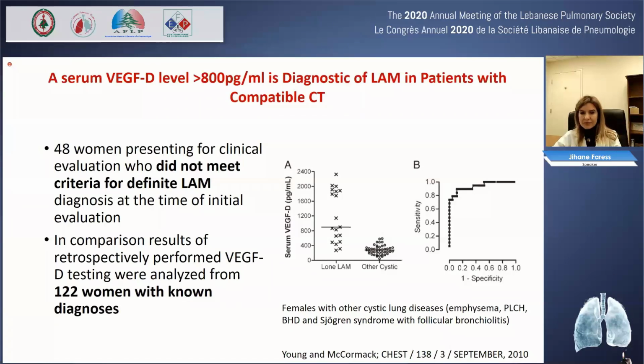In the cohort, there was emphysema, PLCH, Birt-Hogg-Dubé, and Sjogren syndrome. They found that compared to other cystic lung disease, lone LAM, they called it lone LAM just because this is sporadic LAM with no other manifestation other than the cysts, had a much higher VEGF-D level, and a cutoff of 800 picogram per milliliter would be a good cutoff with a good sensitivity and specificity for the diagnosis of LAM.